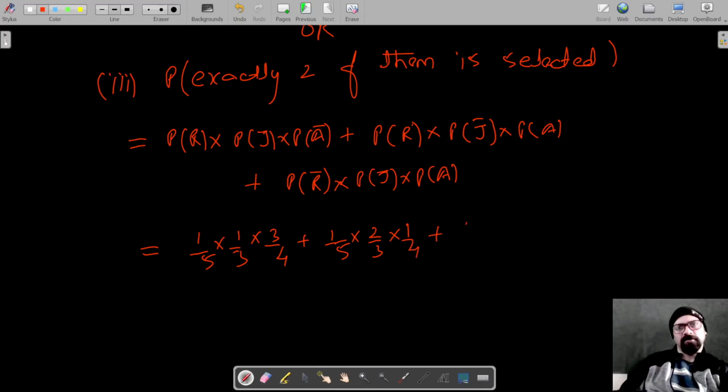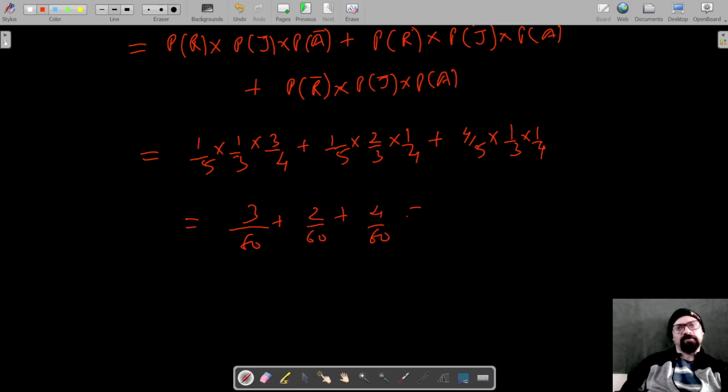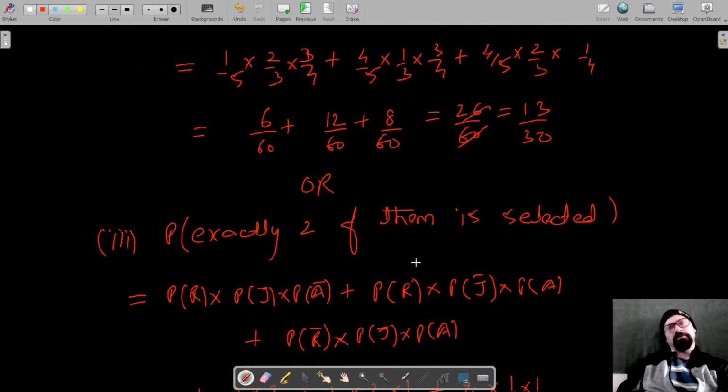Rohit not getting selected is 4 by 5, Jaspreet getting selected is 1 by 3, Alia getting selected is 1 by 4. So this is equal to 3 by 60 plus 2 by 60 plus 4 by 60, which gives me 9 by 60. So that should be equal to 3 by 20. So 3 by 20 is the probability that exactly two of them are selected.